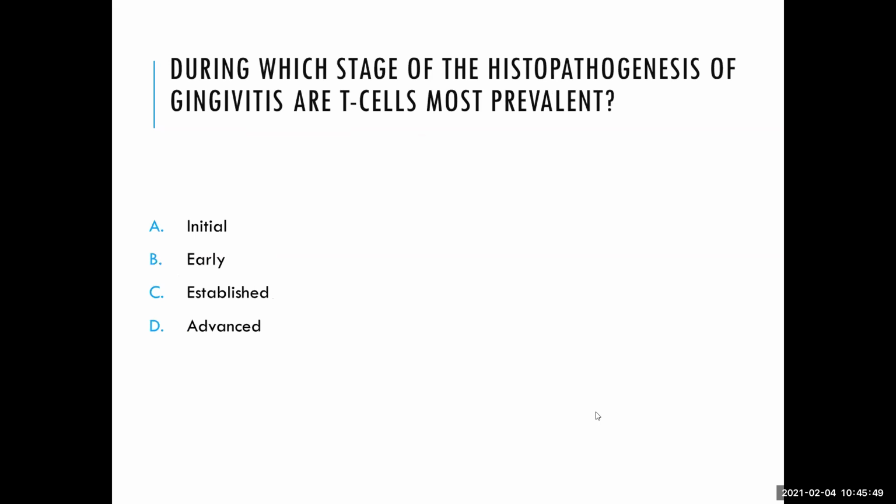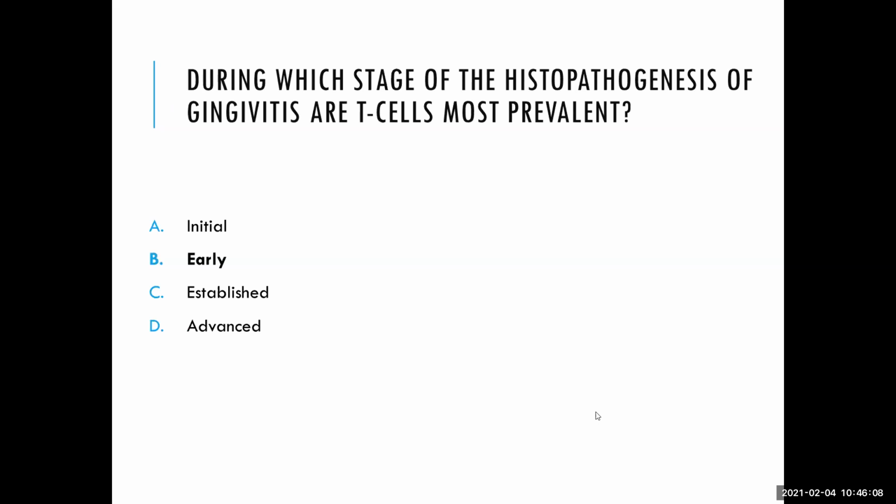Okay, in which stage of the histopathogenesis of gingivitis are T cells prevalent? Is it B cell or T cell? Which comes first? B cell comes first. So you know it's not the initial. C. Okay, very good.